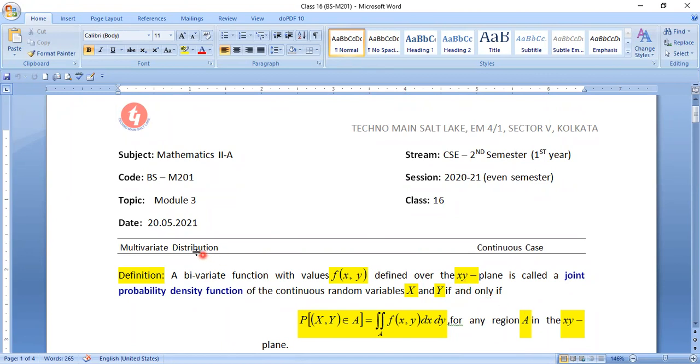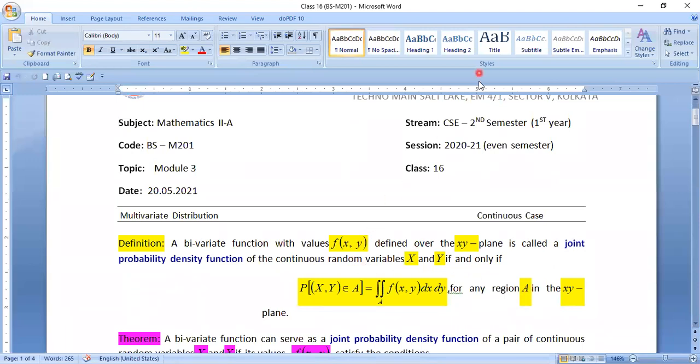A bivariate function with values f(x,y) defined over the xy plane is called a joint probability density function of the continuous random variables capital X and capital Y, if and only if the probability of the pair (X,Y) belonging to the region capital A is given by the double integration over the region of the function f(x,y) with respect to x and with respect to y, where capital A is an arbitrary region in the xy plane.